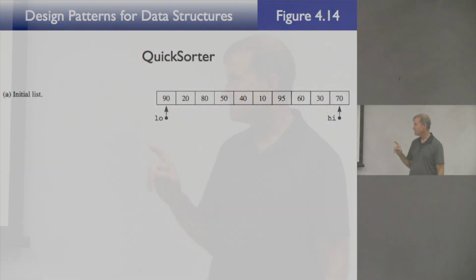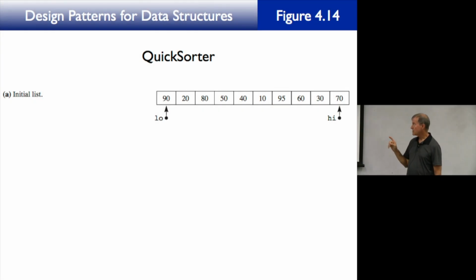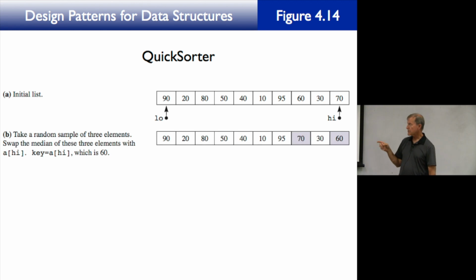Okay. So now, here comes the code for doing the split in the quick sorter. Now check this out. Let's suppose that the initial list is 90, 20, 80, 50, 40, 10, 95, 60, 30, 70. And now comes this random thing. In part B of the figure, the algorithm takes a random sample of 3 elements and then swaps the median of these 3 elements with A sub high, and then sets key to A sub high.